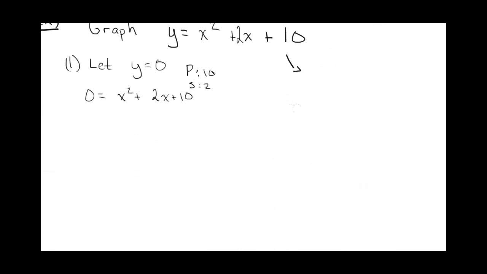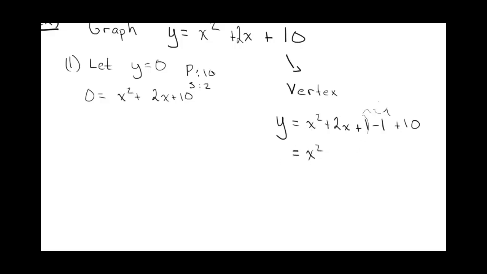Well, let's try doing the same thing. We'll write it in vertex form. So we'll complete the square: x squared plus 2x. So half of 2 squared is 1, subtract 1, and then leave the 10.